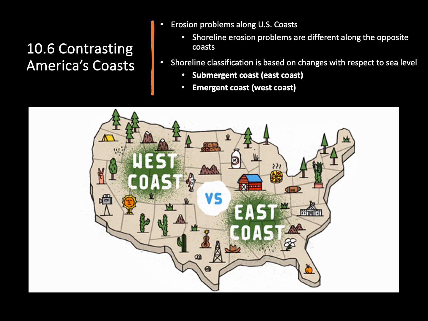If it looks like sea level is rising and it's submerging the land, we call this the submergent coast that we see along the east coast, like where we live. But on the other hand, if it looks like sea level is lowering, it's going to look like land is emerging out of the water. And we call this an emergent coast, which is what we see along the west coast of the U.S.